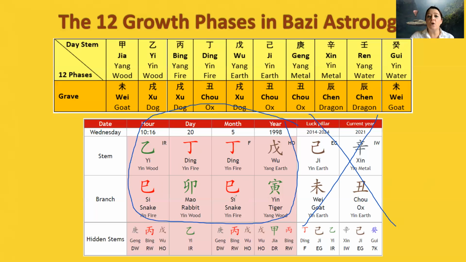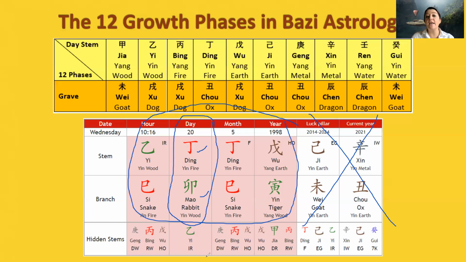Then pay close attention to the day pillar, and check what you have here. This person has a fire rabbit. So there's a fire element on top and an animal branch at the bottom. Check what you have there.